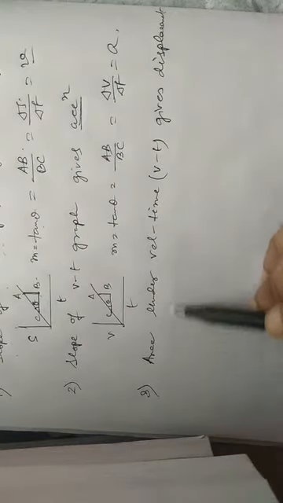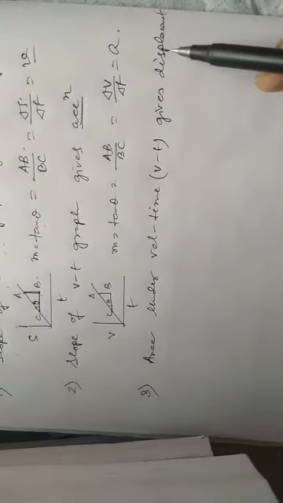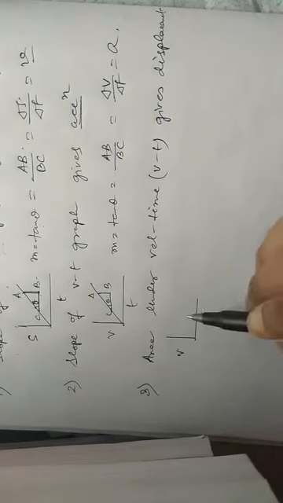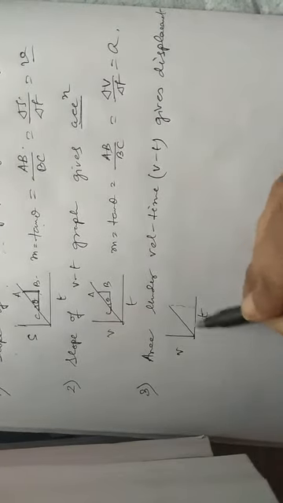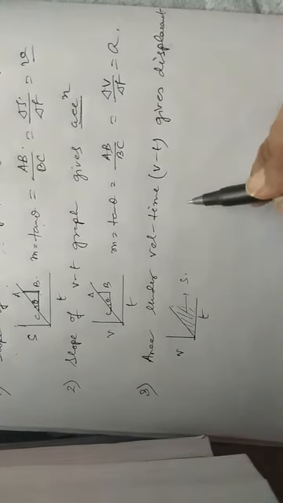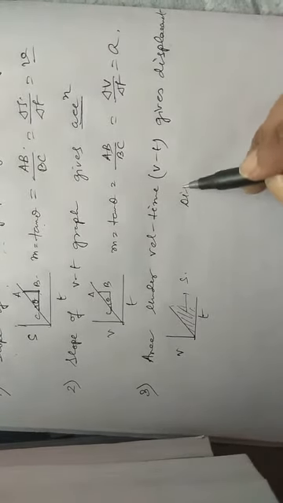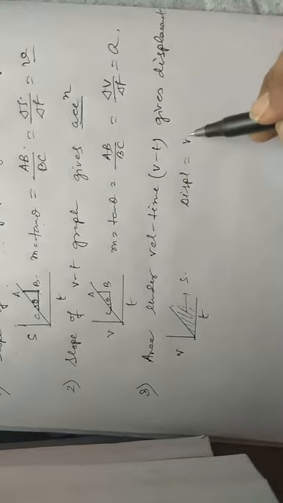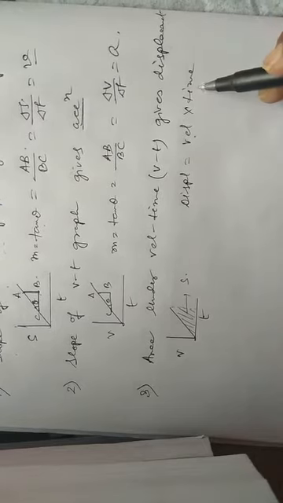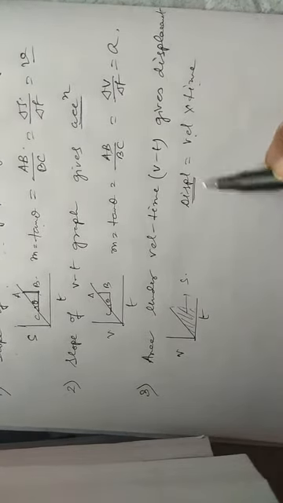Now area under the velocity time graph gives displacement. This is a velocity time graph. So the area under this graph gives the displacement, because we all know that displacement is equal to velocity into time. So velocity into time always gives the displacement.